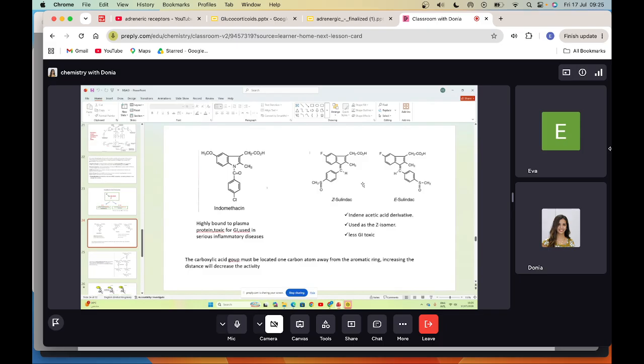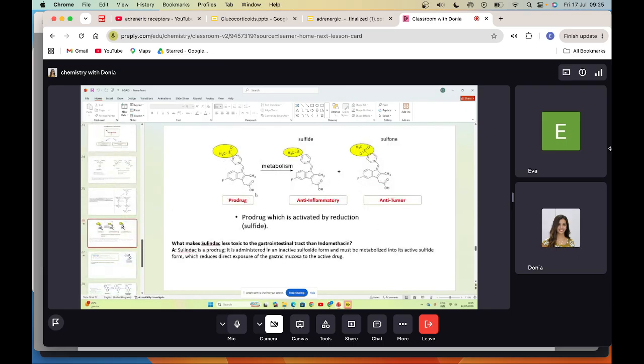It will not decrease the prostaglandins at this part. The sulindac is a prodrug, inactive in this form. It must be metabolized in order to be active, and this decreases the direct exposure of the gastric mucosa to the active drug. That's why it's less GIT toxic than indomethacin.